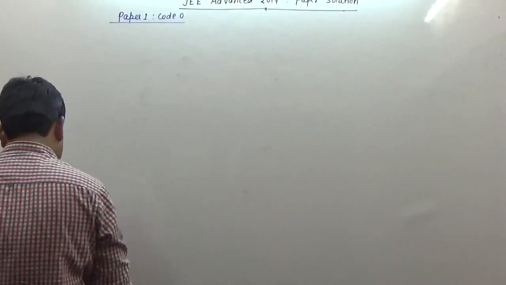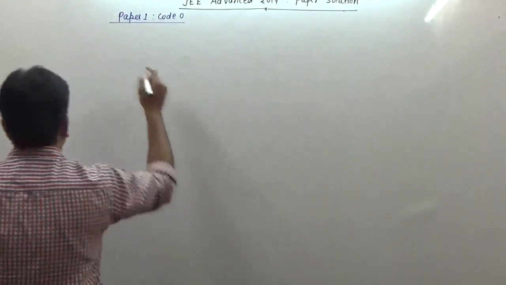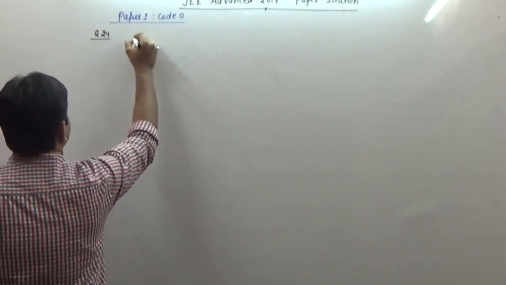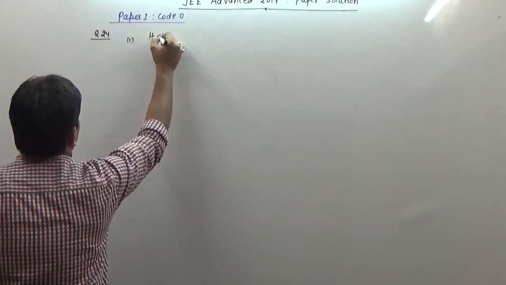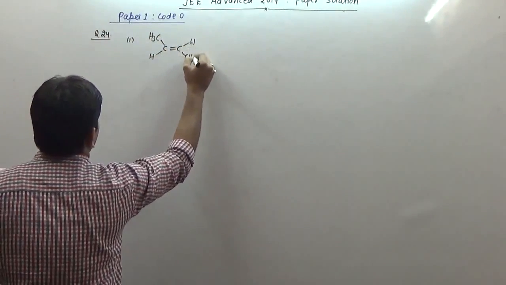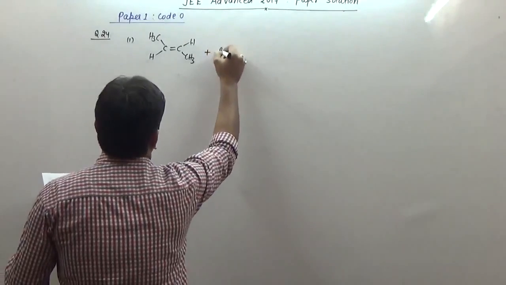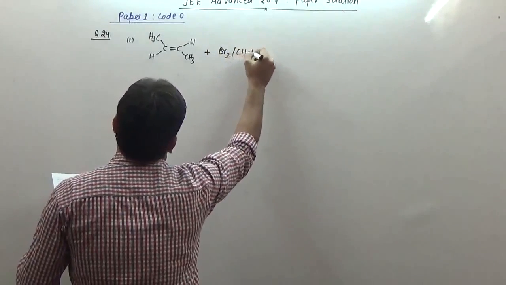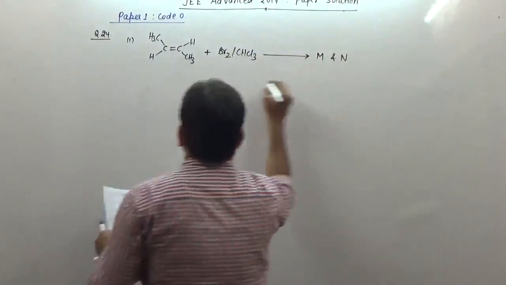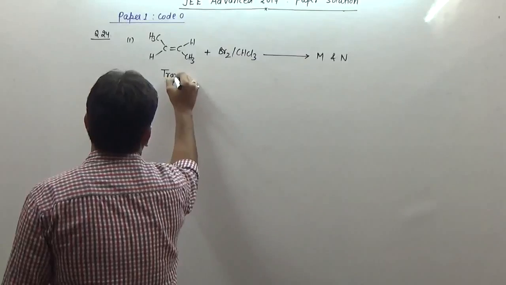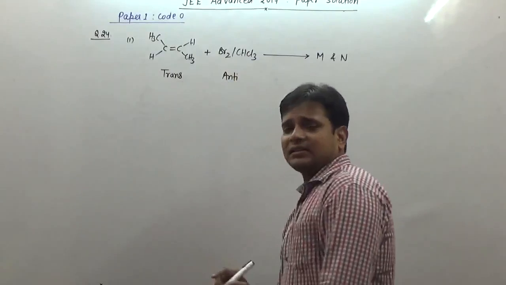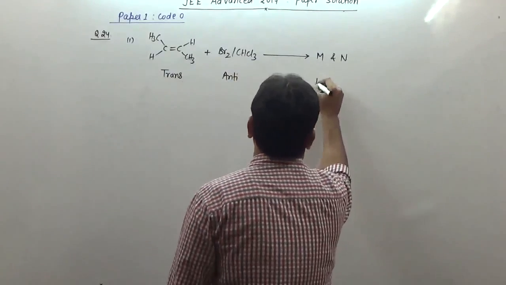The next question is based on addition reaction, question number 24. It is from organic chemistry, and it is telling that if we add Br2 to this trans compound, we are going to form M and N. You must know that Br2 will add by anti-addition, and trans with anti-addition will give meso.